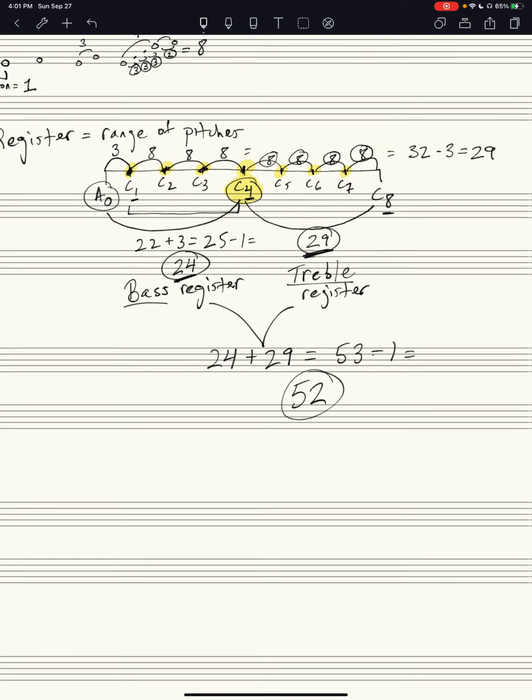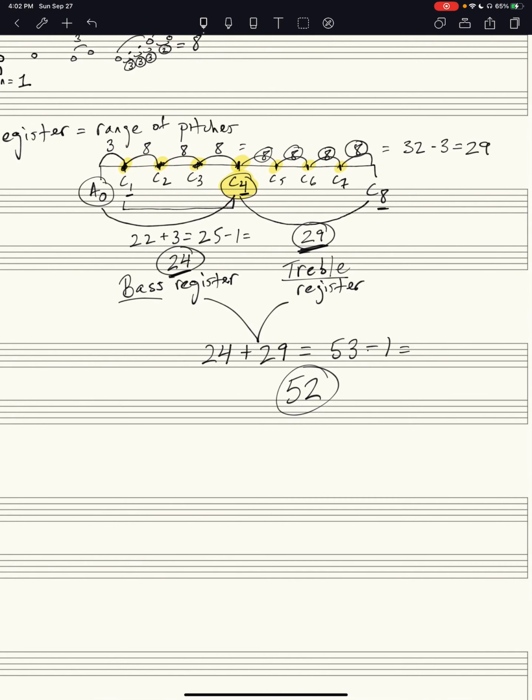So once again, the two registers that basically organize the entire range of the keyboard into two roughly equal parts are the bass with an interval size of 24 letters from A0 up to C4, and the treble with an interval size of 29 letters from C4 up to C8.